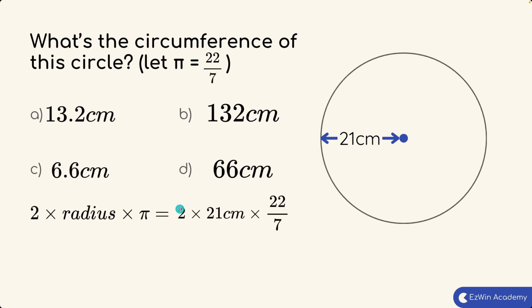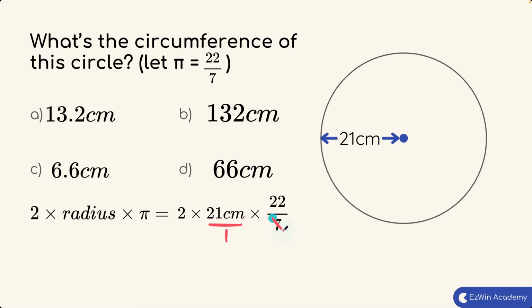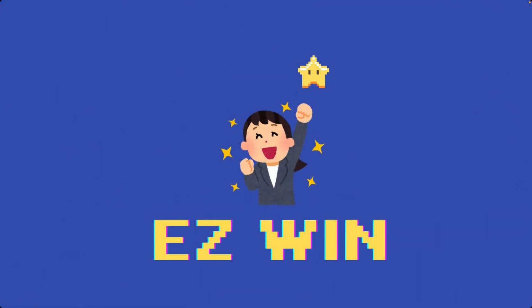So we're going to have 2 times 21 times 22 over 7. Since 21 is also a multiple of 7, we can cancel out 7 and we have 21 divided by 7. This will be 3. So what is 2 times 3 times 22? 2 times 3 is 6, and 6 times 22 is equal to, you guessed it, 132 centimeters. If you say the answer is B, then you are right. So congratulations, that is an easy win.